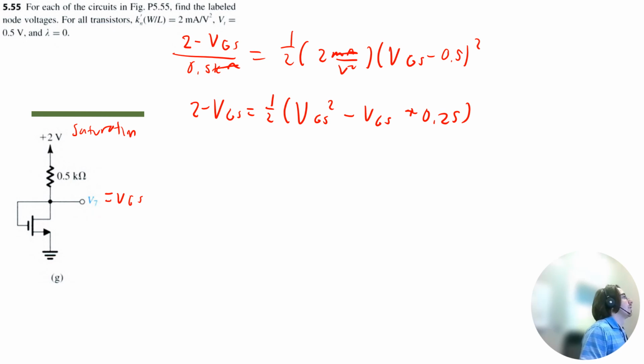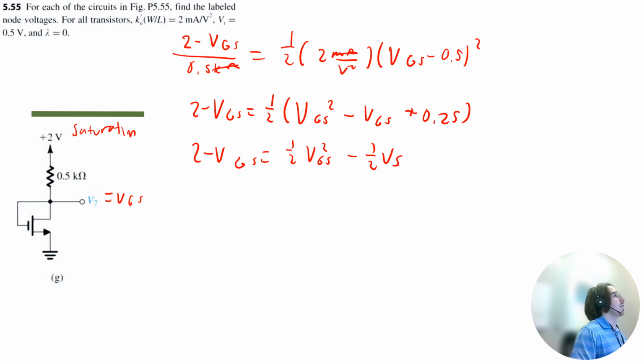Let's distribute the 1/2. So we get 2 minus VGS is equal to 1/2 VGS squared minus 1/2 VGS, and then 1/2 of 0.25 is 0.125. And then let's get all the terms on one side.